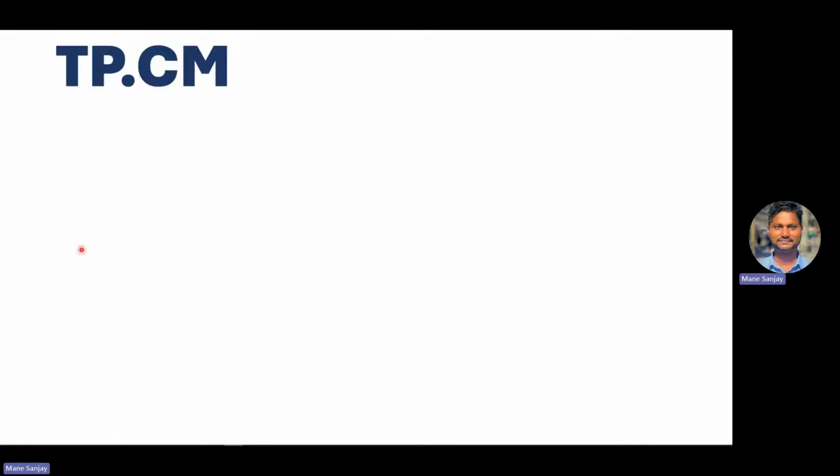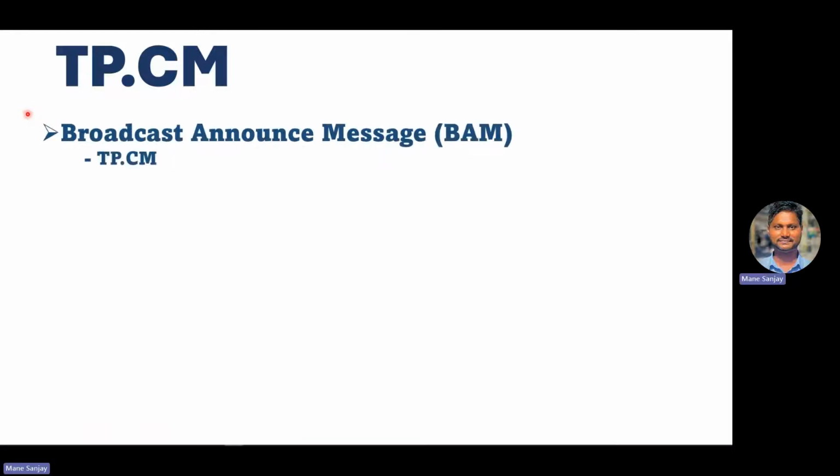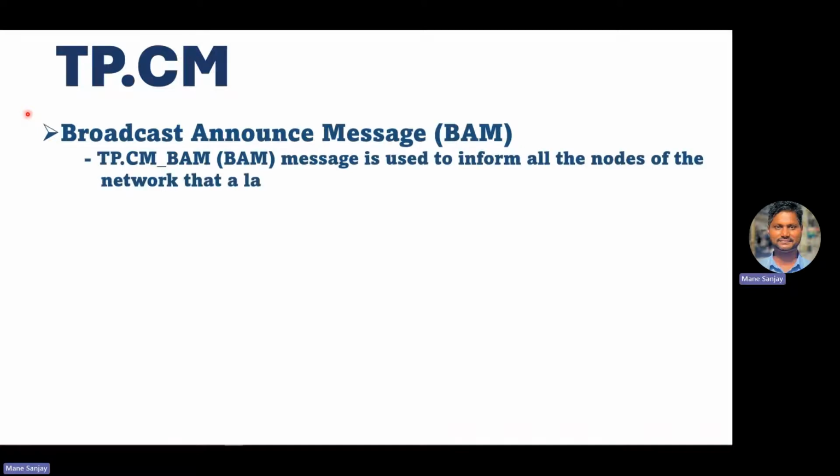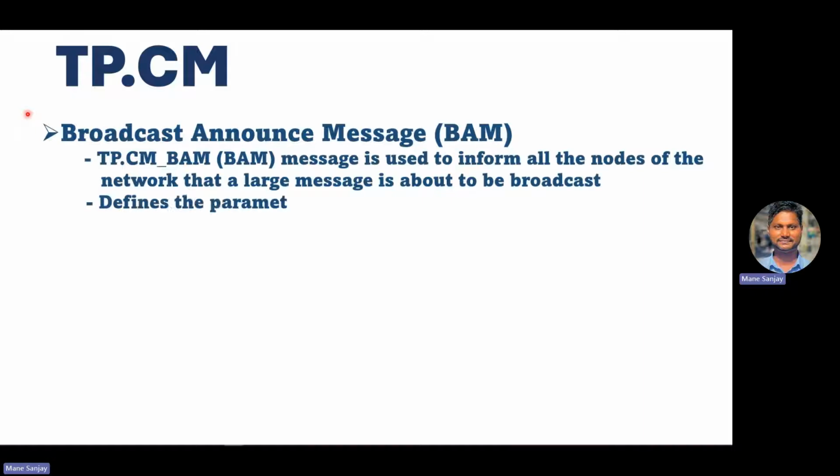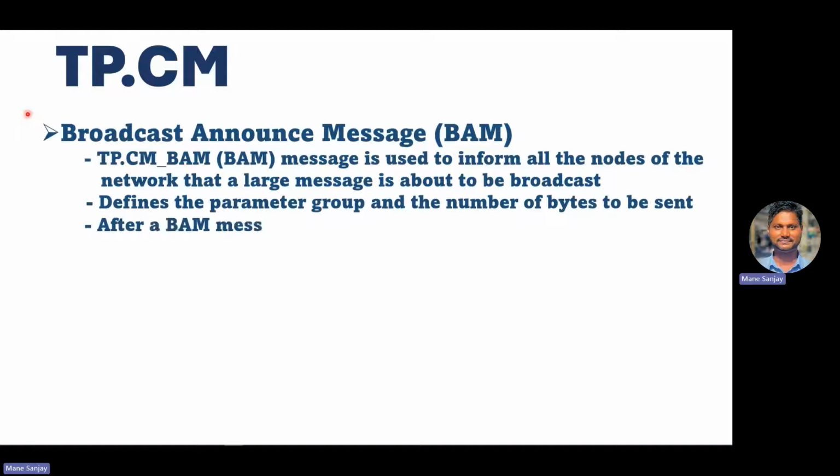So I have covered 4 messages till now: request to send, clear to send, end of message acknowledgement, and connection abort. And the last one is the broadcast announce message. This broadcast announce message, the TP.CM BAM message, is used to inform all the nodes of the network that a large message is about to be broadcast, which defines the parameter group and also the number of bytes to be sent.